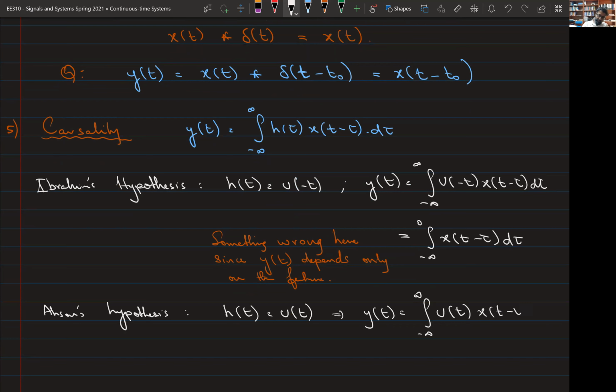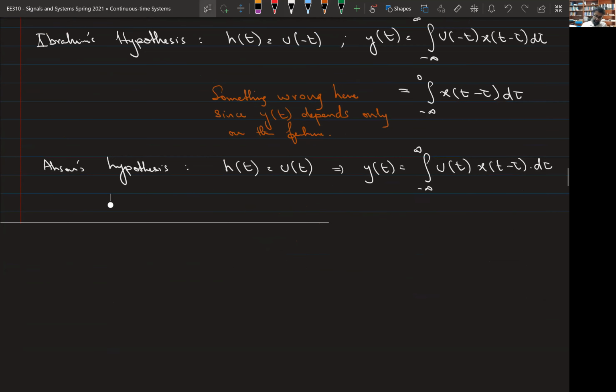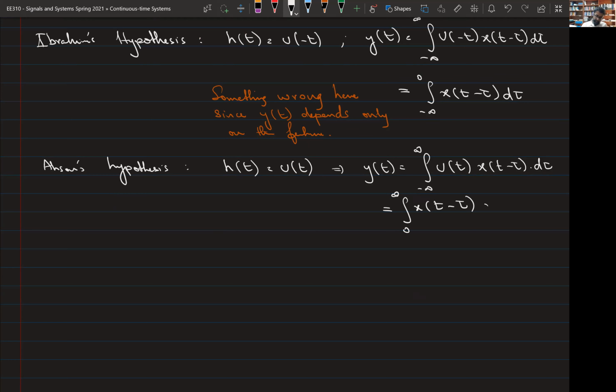Okay, so what we've been able to figure out is that an incorrect answer actually leads to something which is correct. So what is wrong is not in vain, right? That helps you in finding the right path. So this is going to be the integral from 0 to infinity of x of t minus tau d tau, and this is a guarantee that the only values of x that will be contributing to y would be those that are in the past or the current time, but nothing in the future, right?